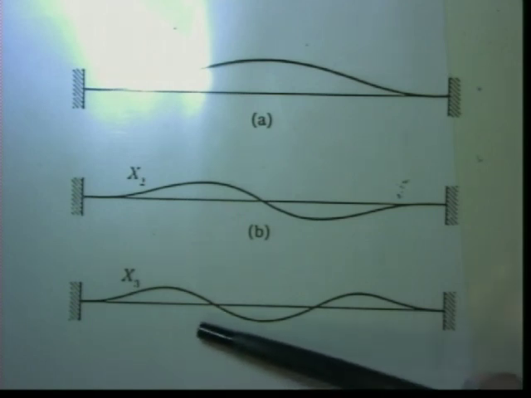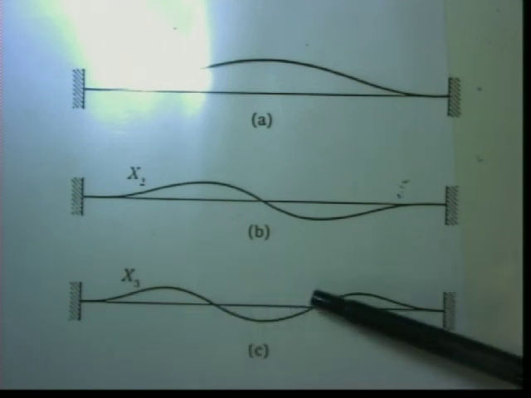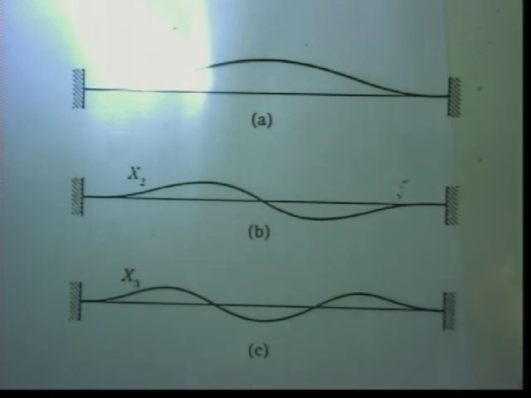Here we have two inner nodes. So we can say that number of inner nodes equals mode number minus 1. Again, we have absolutely the same conclusion.